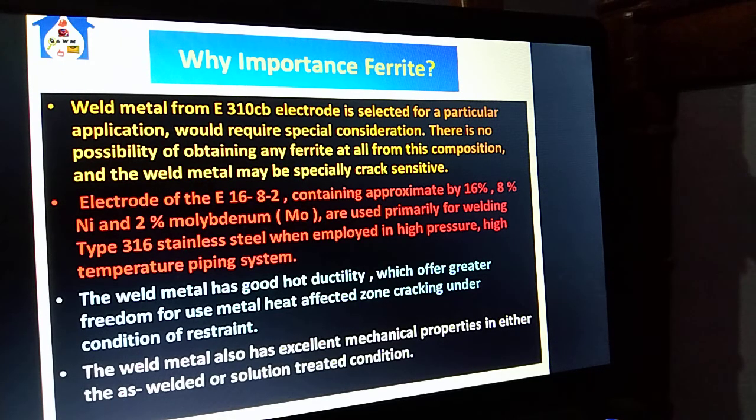Electrodes of E16-8-2, containing approximately 16% chromium, 8% nickel and 2% molybdenum, are used primarily for welding type 316 stainless steel when employed in high pressure, high temperature piping systems.